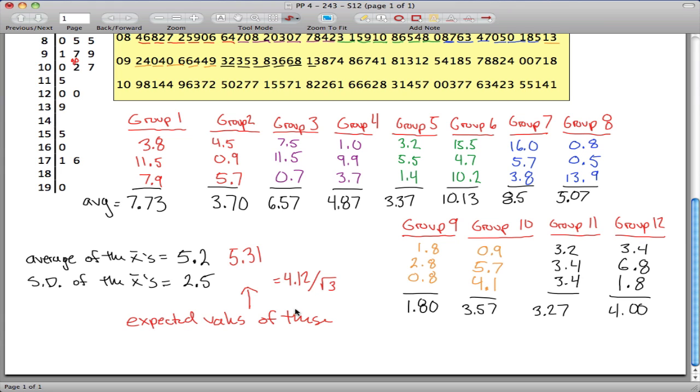And if you plug 4.12 divided by the square root of 3 into a calculator, what you get is 2.378. So I expected the standard deviation to be 2.4. They ended up being 2.5. So both of these actual values were very similar to expected values.